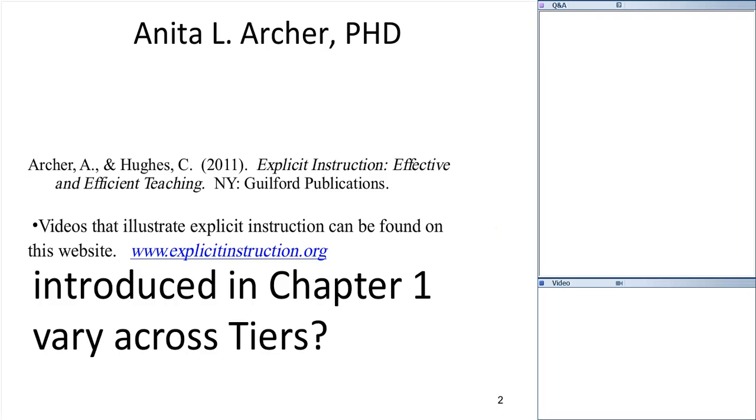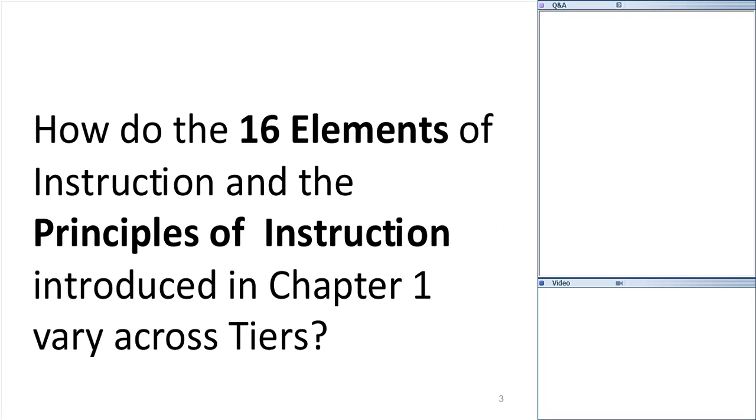Now, this was the question. How do the 16 elements of instruction and the principles of explicit instruction introduced in chapter 1 vary across tiers? That was the question that was submitted to me, and it was in regard to looking at the tiers of RTI, the tiers of being able to look at it in terms of the MTSS structures.